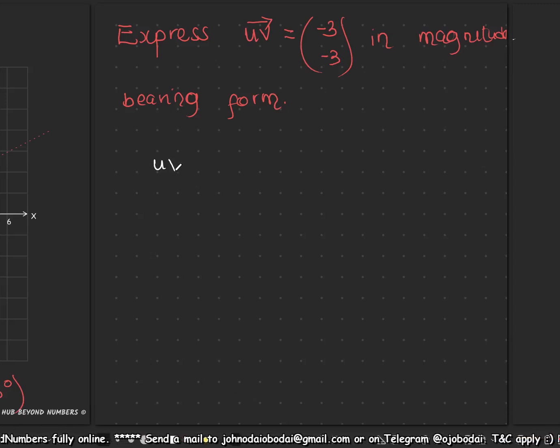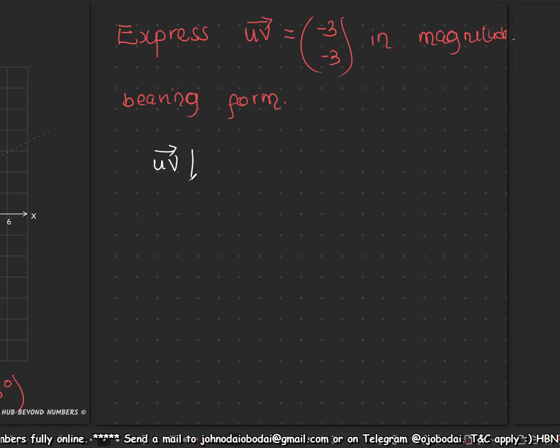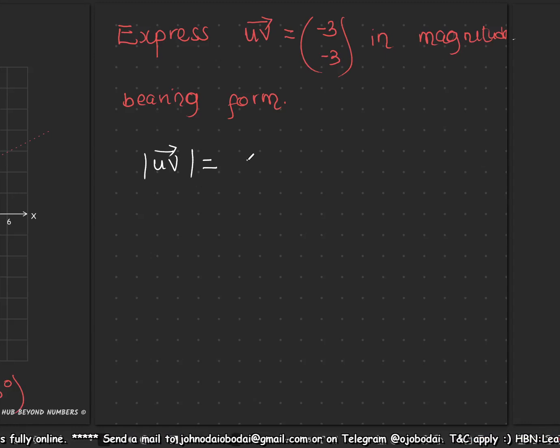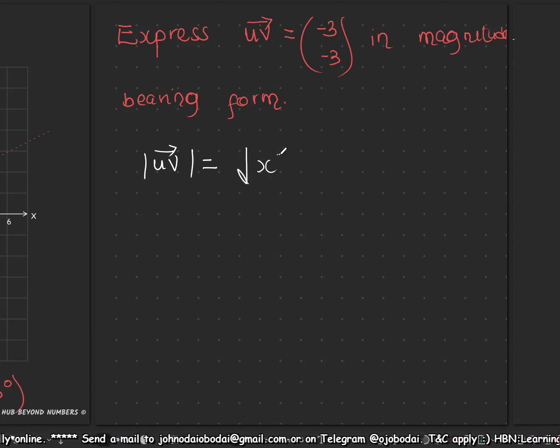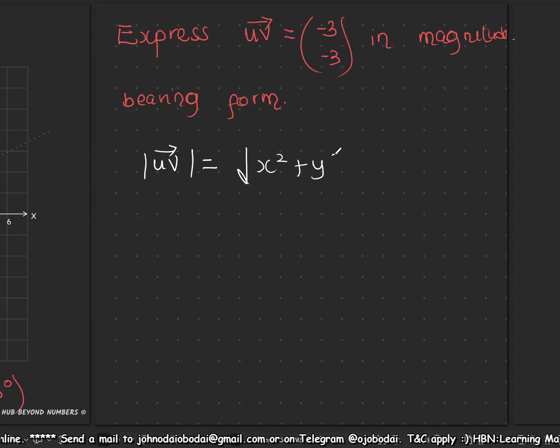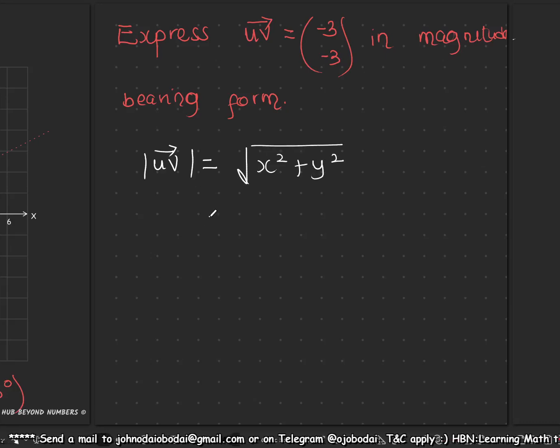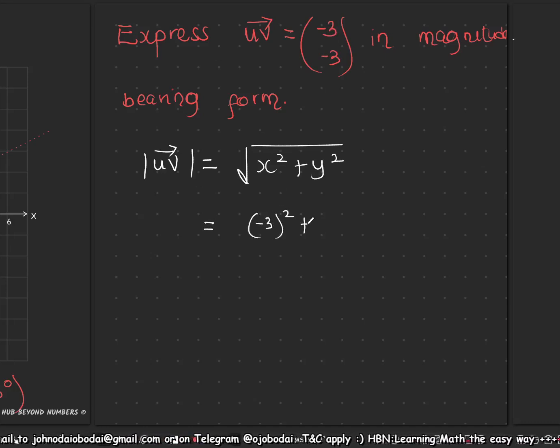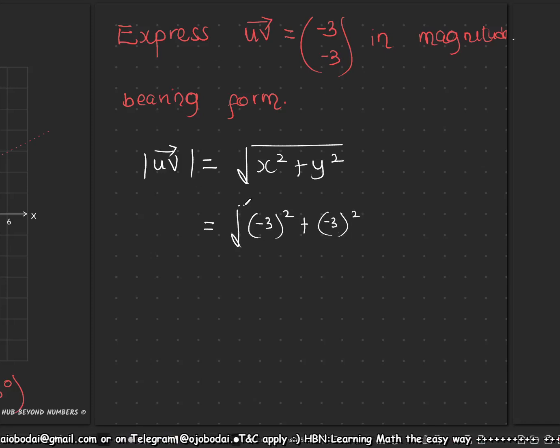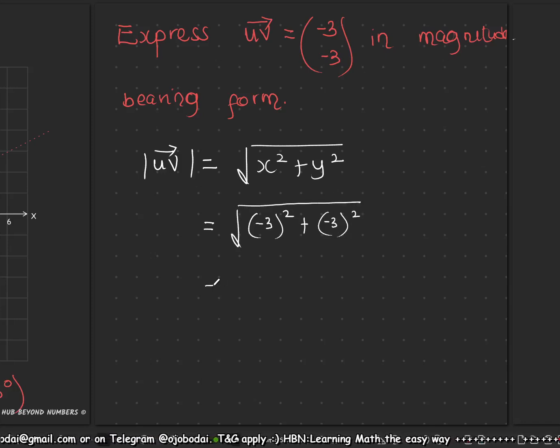So our U, then its magnitude is going to be the square root of x squared plus y squared, you see? And we know the value of x to be -3. So you have -3 all squared plus y, which is also -3 all squared. So we now evaluate.